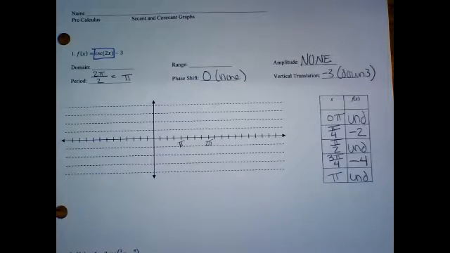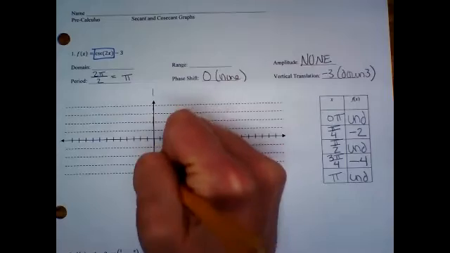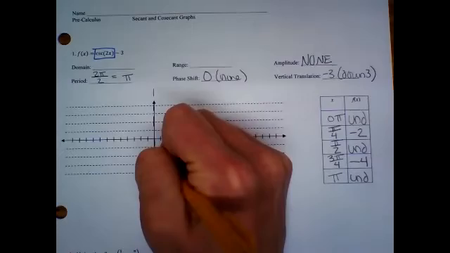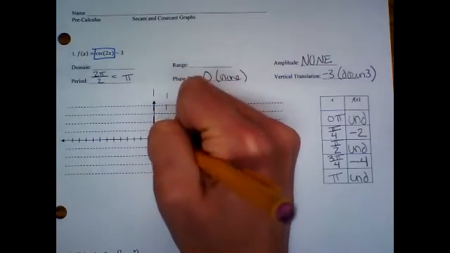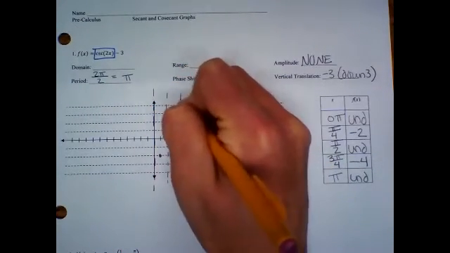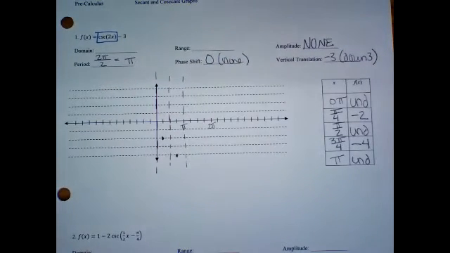And then we're just going to plot all that stuff. So at 0, there's an asymptote. And then -2, and then another asymptote. And then -4, this is going to go off the grid a little bit, but that's okay. And then another asymptote. And again, that's 1 cycle. I just want you to continue it 1 more.